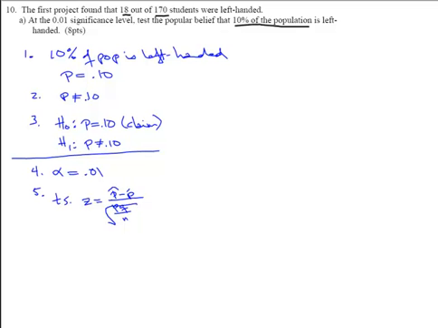So we would know our x in this case is 18, our n is 170, so our p hat we would know by dividing x over n.